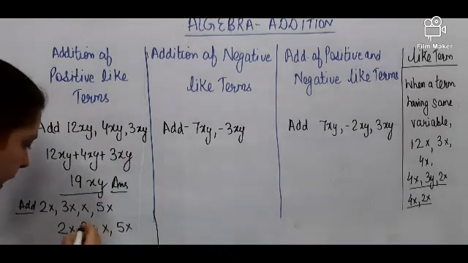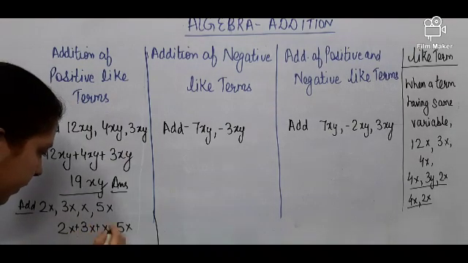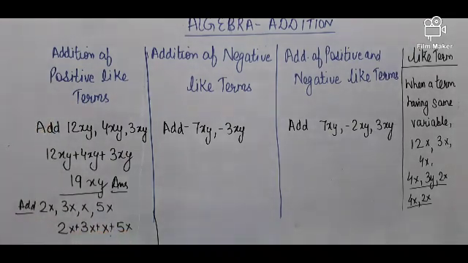Put the addition sign. So we will add up their constants. The constant of x here is 2. Constant of x here is 3. Now what is the constant of x here? See, only x is written here. So we will say that the constant of x here is 1.